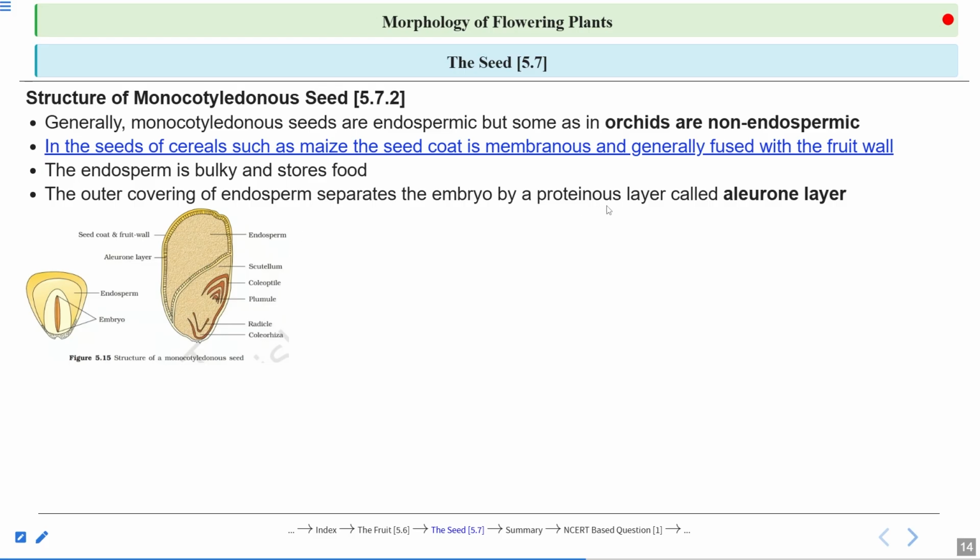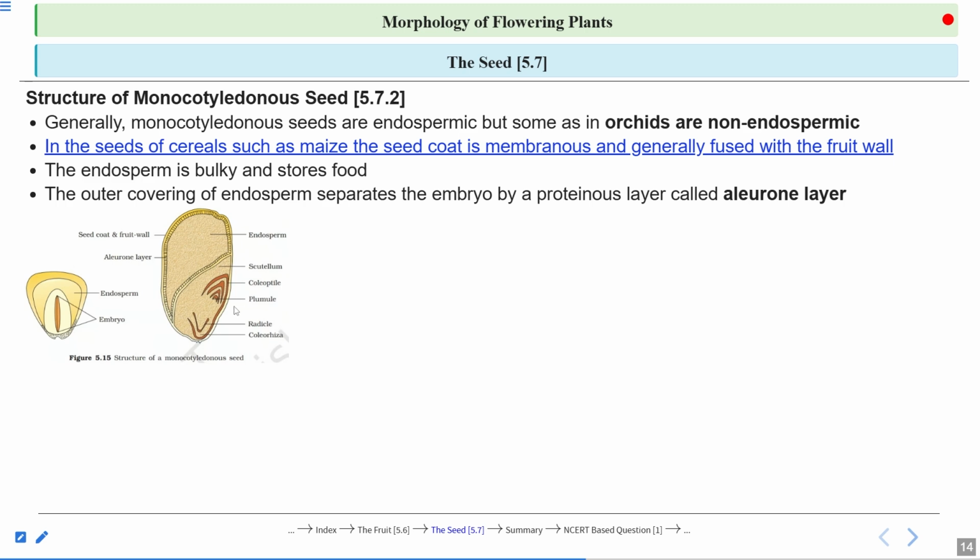It is a proteinaceous layer, very important, full of protein. And this lower part is the embryo part.